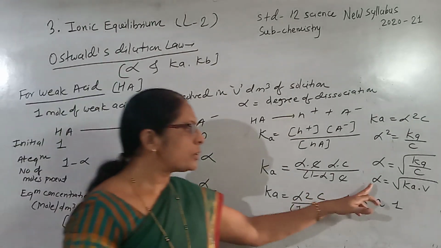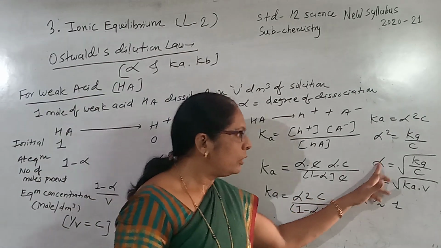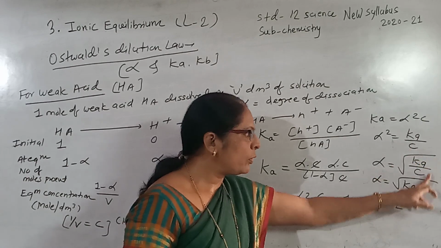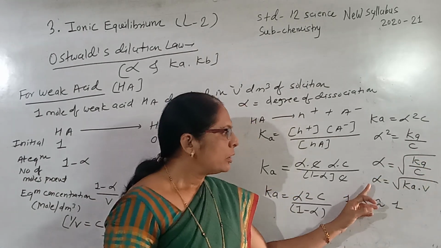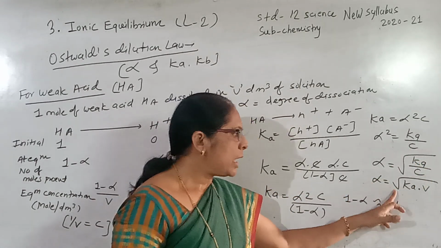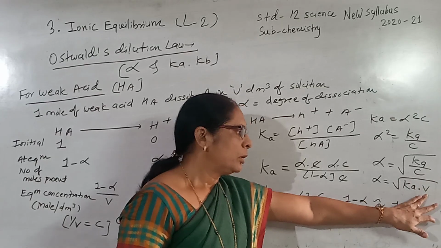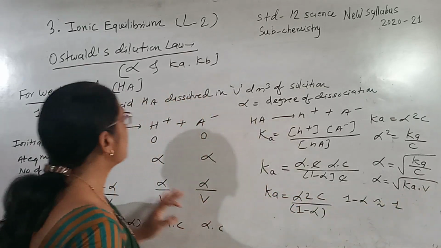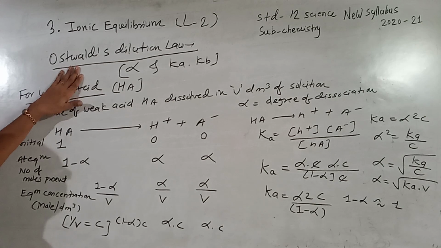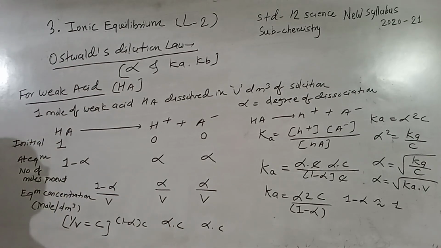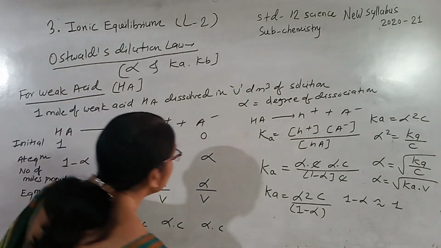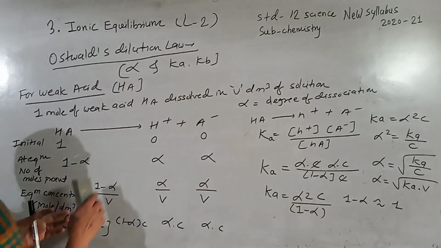The degree of dissociation is inversely proportional to the square root of concentration, or directly proportional to the square root of the volume. That relationship was given by the scientist Ostwald, so it is called Ostwald's dilution law. Now similarly, we can also consider it for the weak base.